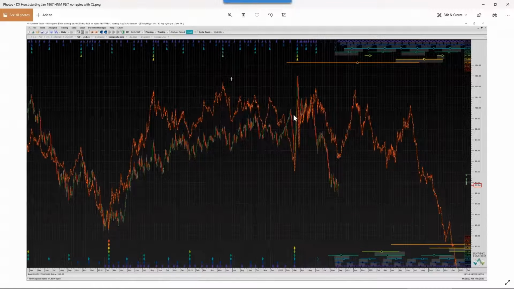So it's extremely long. It's able to look at the longest cycles running in the markets today. And you can see that this composite line, which is basically a combination of all the cycles that it has been able to deduce are occurring simultaneously in the markets, comes up with a general direction next.